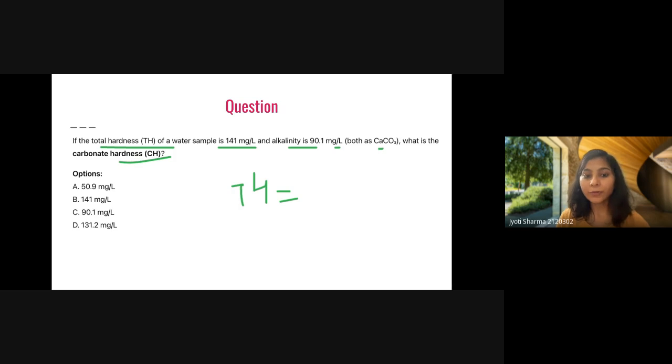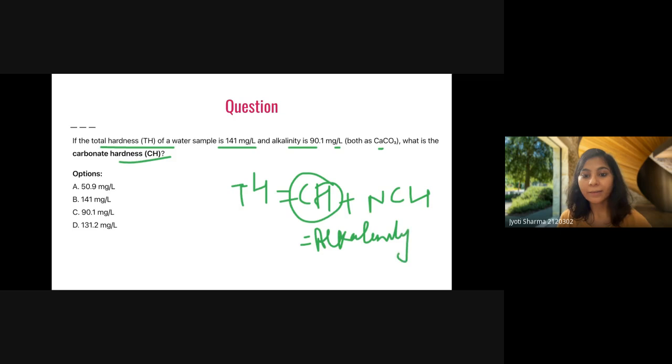Yes, so total hardness will be carbonate hardness plus non carbonate hardness, and this carbonate hardness may be equal to alkalinity. If we do not have non carbonate hardness, then alkalinity will equal total hardness.